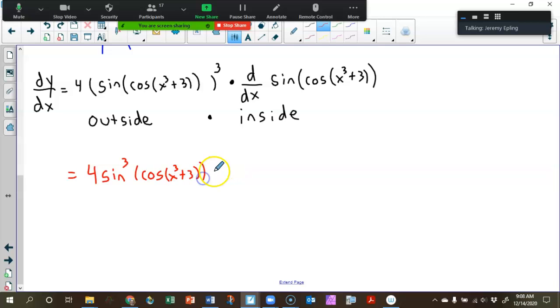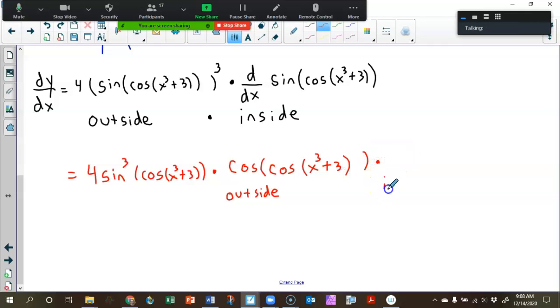And then we're going to do our chain rule. Treat this as a brand new problem. So the derivative of the outside, well, that's the derivative of sine. The derivative of sine is cosine, evaluated at our inside. So cosine of x cubed plus 3.